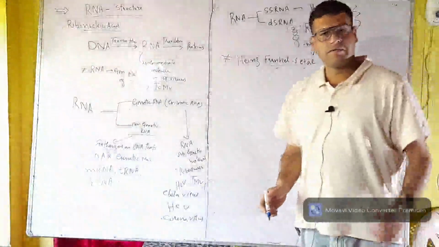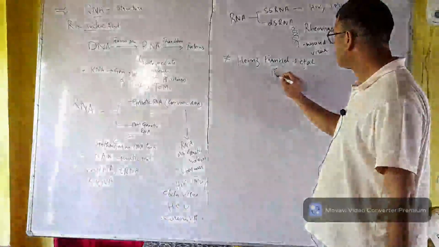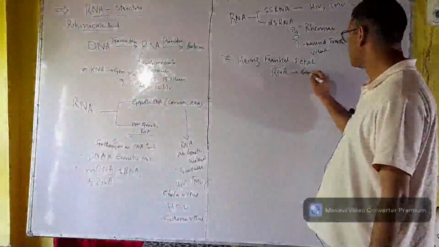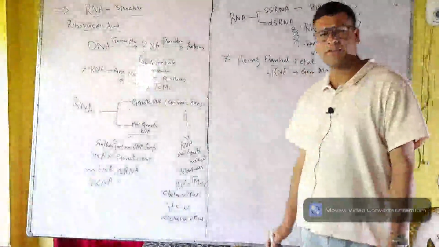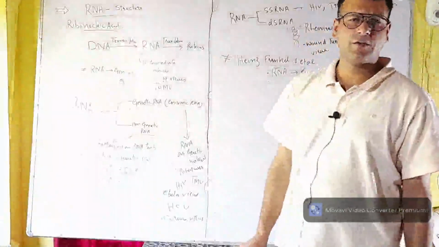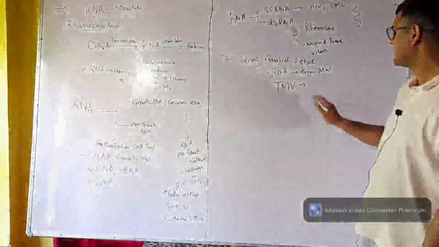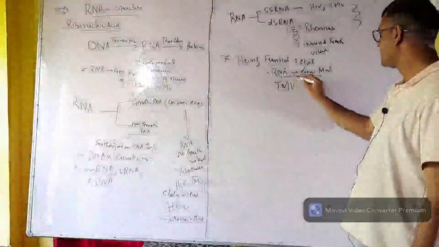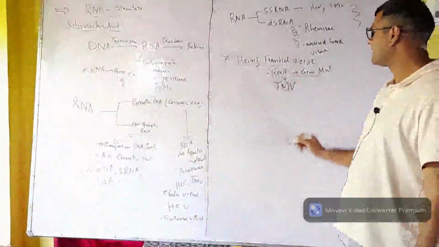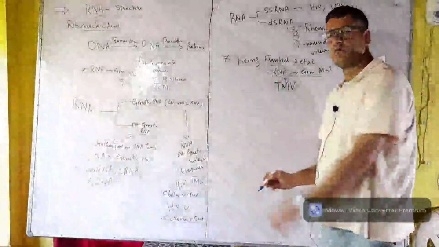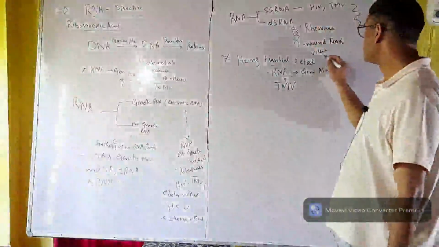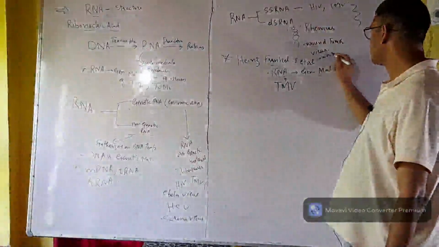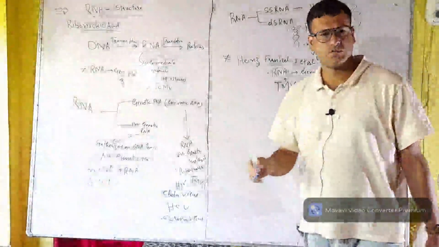They proved that RNA acts as a genetic material, and they showed that in tobacco mosaic virus, RNA acts as a genetic material for the first time. This was Hannes Frankel and Etel. Etel means co-workers, other scientists who worked with Frankel.